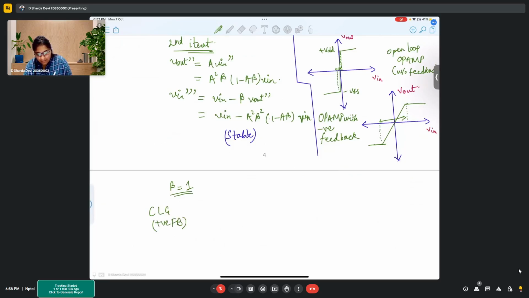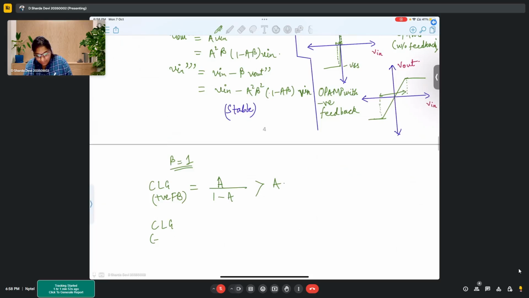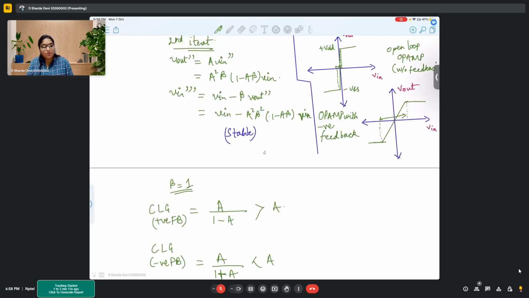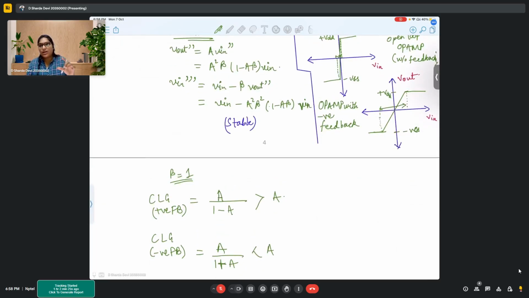If beta becomes 1, my closed loop gain for positive feedback becomes A upon 1 minus A, which is definitely greater than A. The closed loop gain for negative feedback becomes A upon 1 plus A, which is always less than A. If we know the closed loop gain, and in the op-amp itself we know that the output will saturate at plus VDD and minus VSS, then we know the limits for our output.